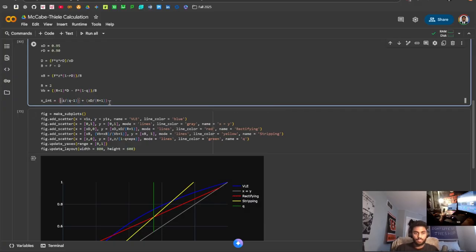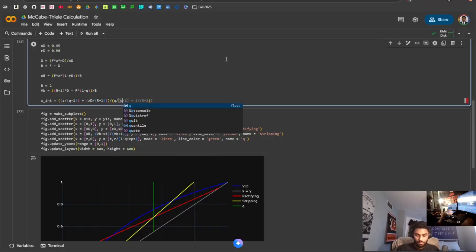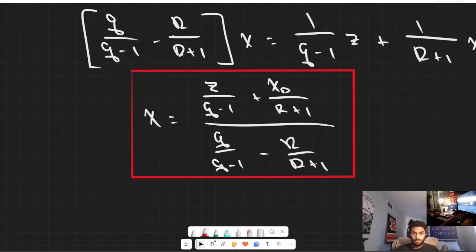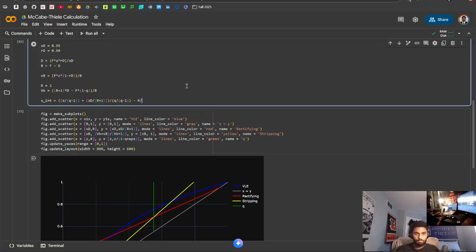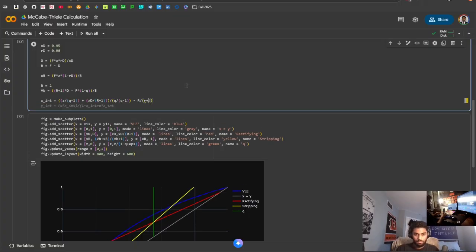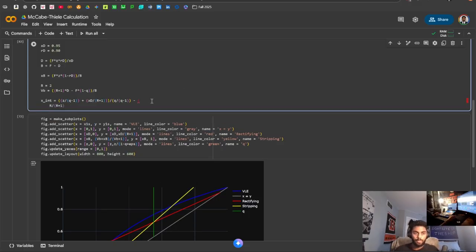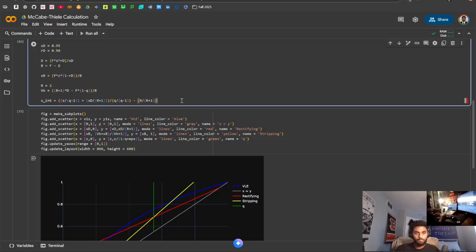And then this is all over q over q minus 1 and minus r over r plus 1. Hopefully my parentheses are all right. And then maybe a little more right here.